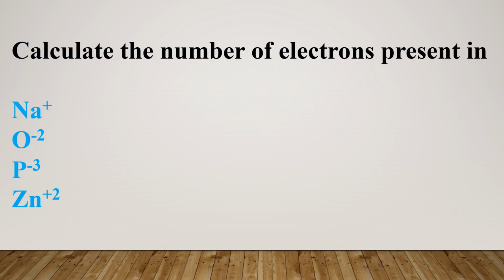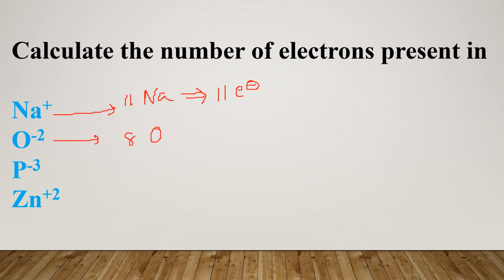Then here, how many electrons are present? Generally it is asking how many electrons are present in this compound. Sodium atomic number is 11. Naturally atomic number equals the number of electrons, so it contains 11 electrons. Suppose you take oxygen.